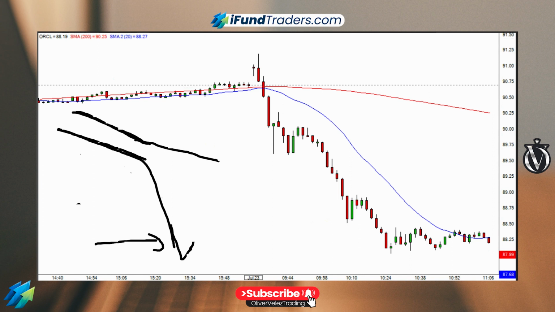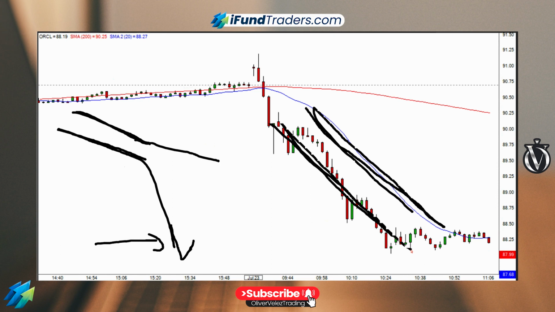Now, if you look carefully, there were moments, but for the most part, Oracle is parallel moving. You really want to be careful about betting against a parallel move with the 20-period moving average like that.